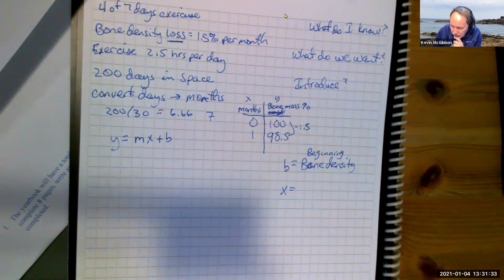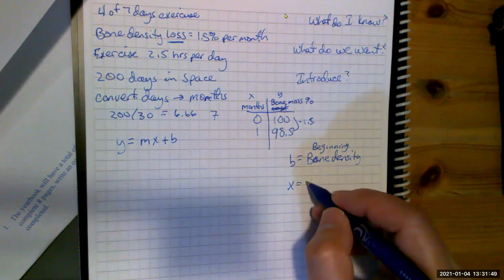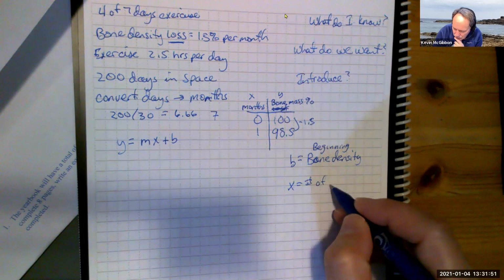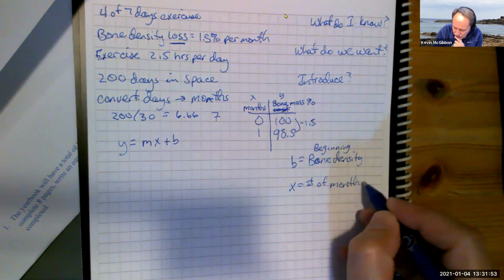Anybody have any ideas? Yasha, do you have any ideas about what the X value might be here? It is months. Oh, yeah, the number of months. Okay. Yeah, it works for me. We kind of labeled that too, didn't we?